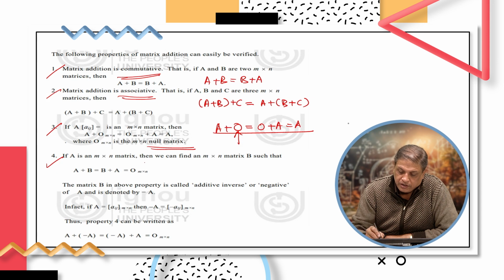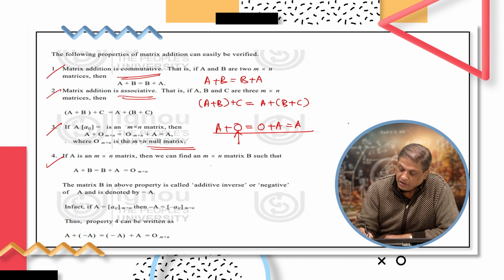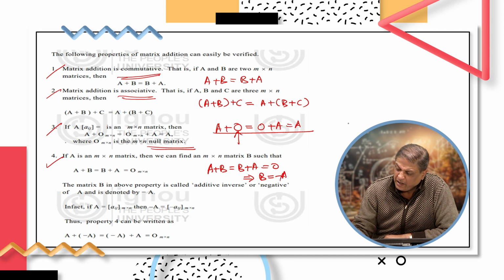Fourth point is, if A is an m cross n matrix, then we can find an m cross n matrix B such that A plus B is equal to B plus A is equal to 0. This implies B is equal to minus A, because if we add A plus minus A, it is nothing but 0.